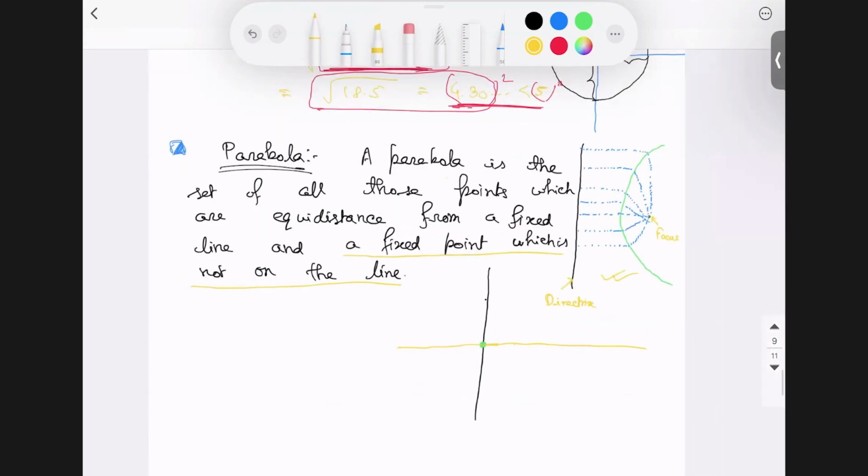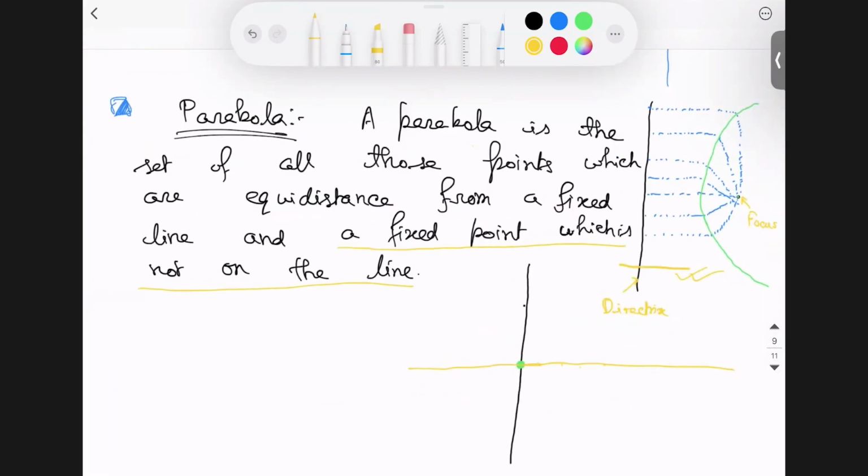Now, if I join this focus with the line, we will get a perpendicular line from here, right?